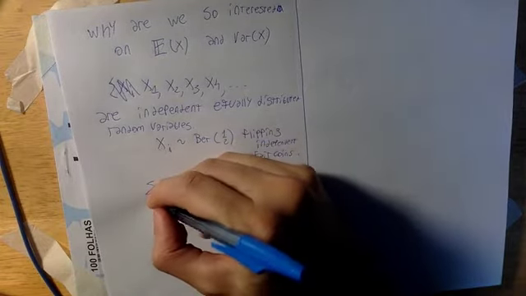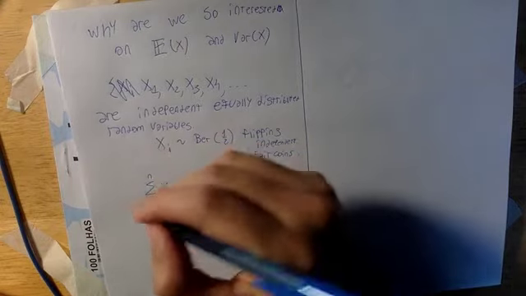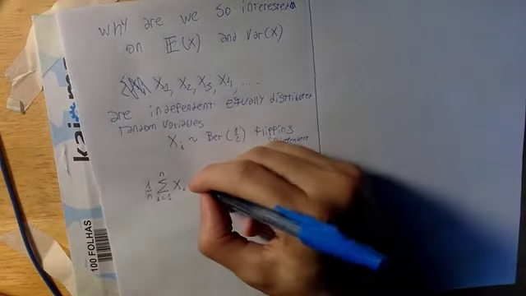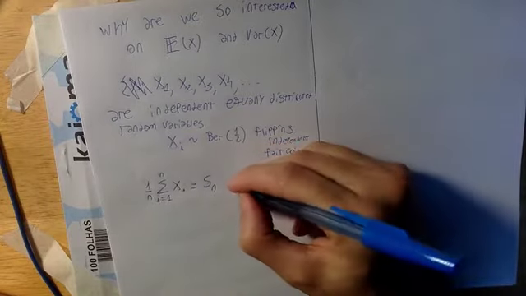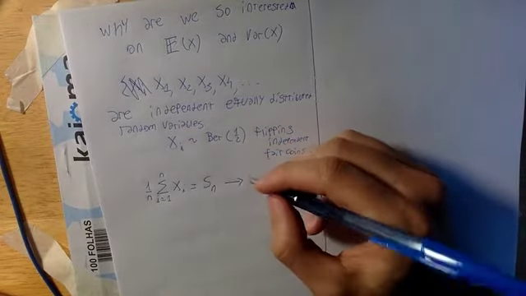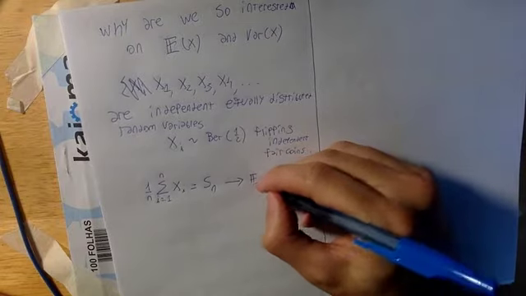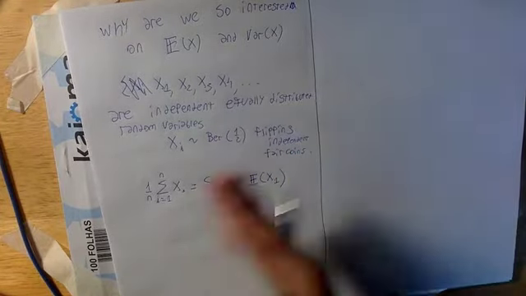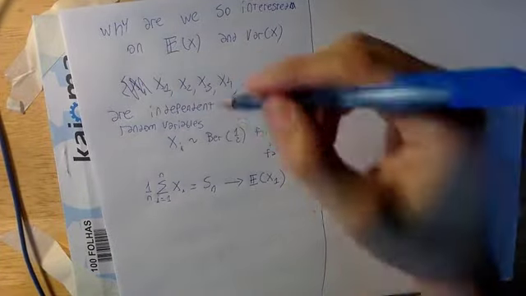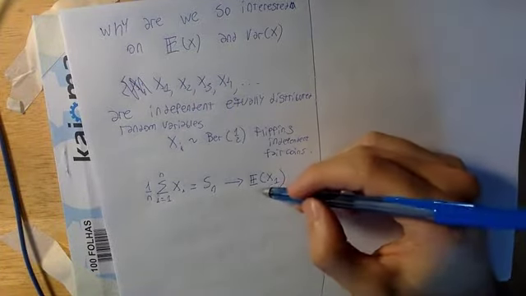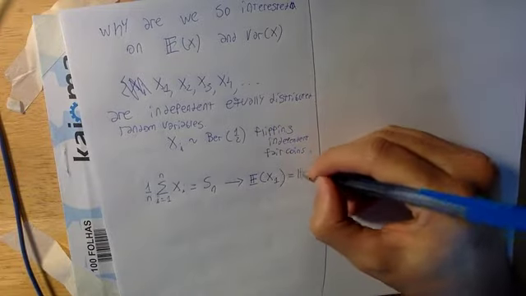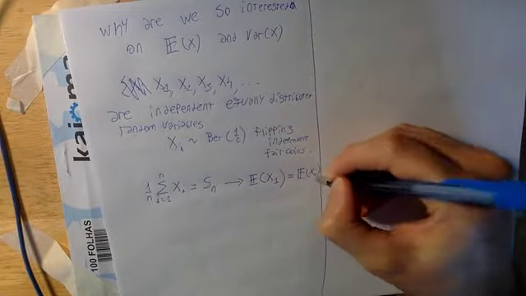There are a couple of things. The sum of Xi from i equals 1 up to n, times 1 over n, which is what we're calling Sn, converges to the expectation of X1. X1 just being one of them, they're all independent and identically distributed, so they all have the same expectation, which is equal to E of Xi for every i.